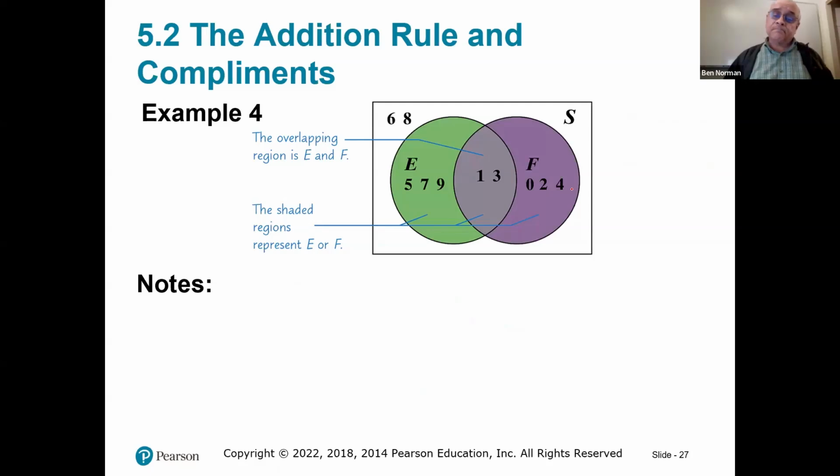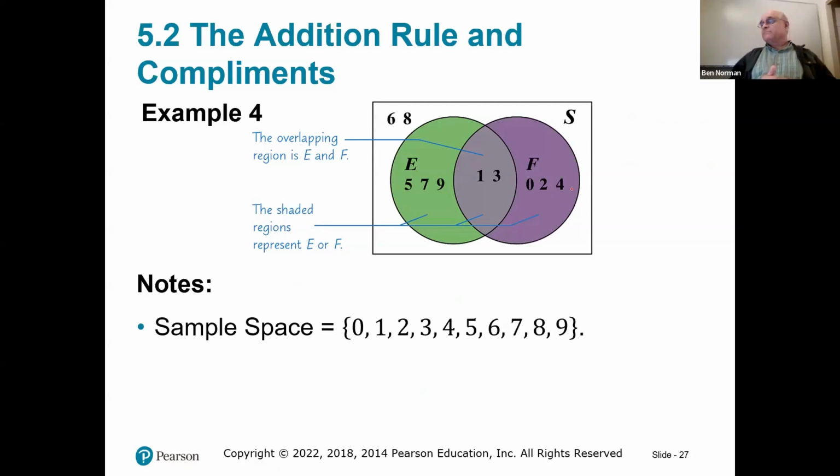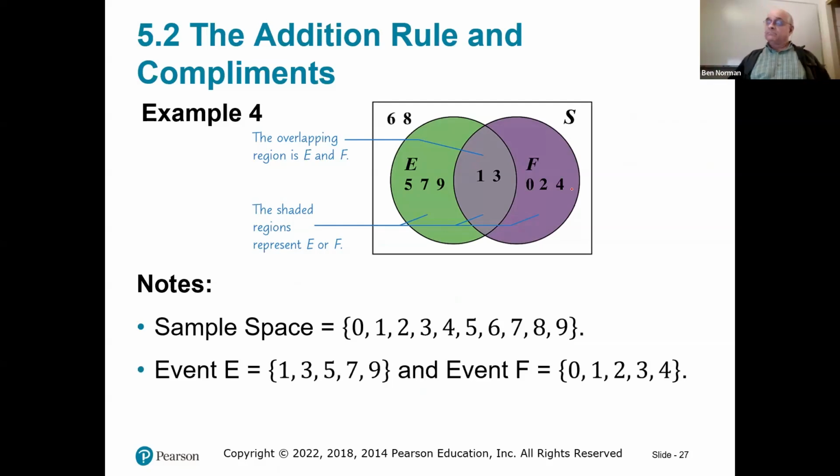Note, the sample space is 0, 1, 2, 3, 4, 5, 6, 7, 8, 9. Event E is 1, 3, 5, 7, 9. Event F is 0, 1, 2, 3, 4. The overlap region of E and F is 1 and 3.